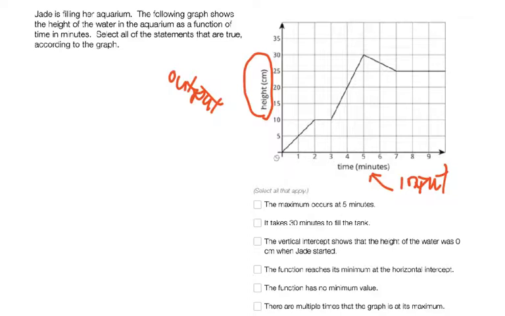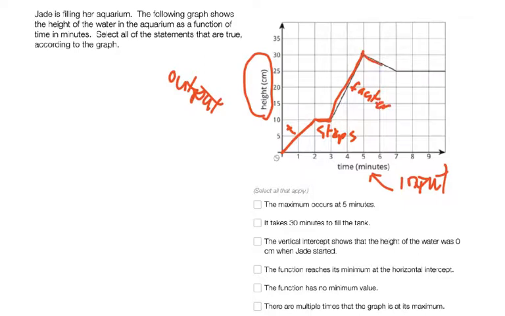So we start at 0. Means no water in the aquarium. Constant rate right here. She's filling it up at a constant rate. Then she stops. This is where it stops. Then she keeps filling it again. Oh, maybe a little faster this time.